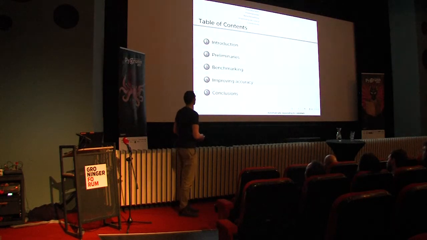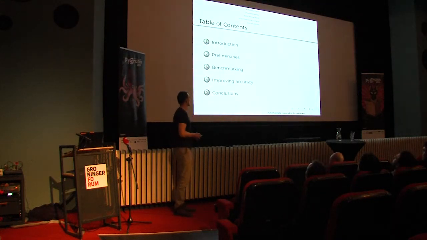we'll keep it easy. The table of contents for today: introduction first, then some preliminaries. I'm going to talk about neural networks and some basic algorithms used for natural language processing. Next, my thesis was split in 2 parts, so we'll talk about the first part, which was about benchmarking, and it's about basically chatbots.